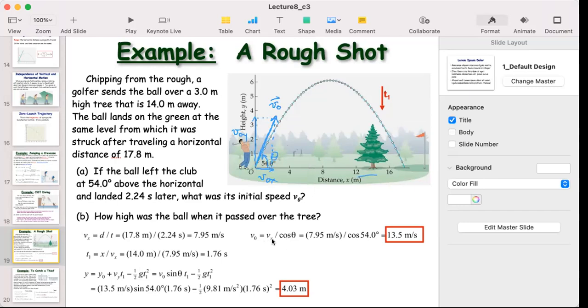So Vx divided by cos theta is equal to 7.95 meters per second divided by the cosine of 54 degrees, which gives you 13.5 meters per second.